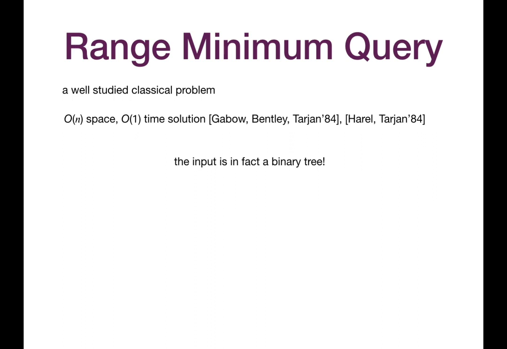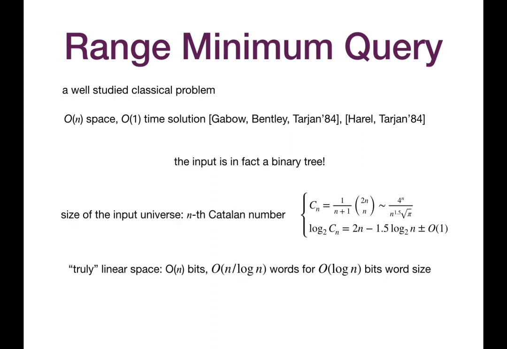RMQ has a classical textbook solution, which uses O(n) space and constant time. As we argued before, the input is in fact a binary tree, and the size of the input universe is the Catalan number. The logarithm of the nth Catalan number is 2n minus O(log n).